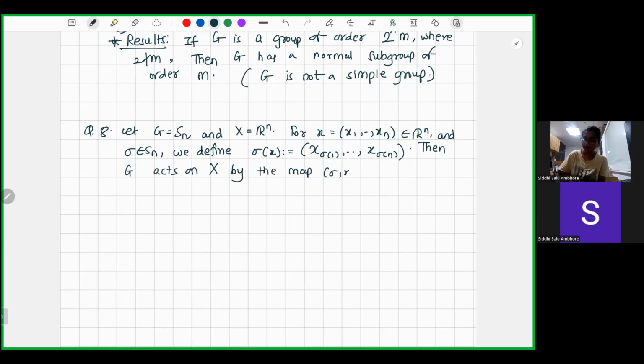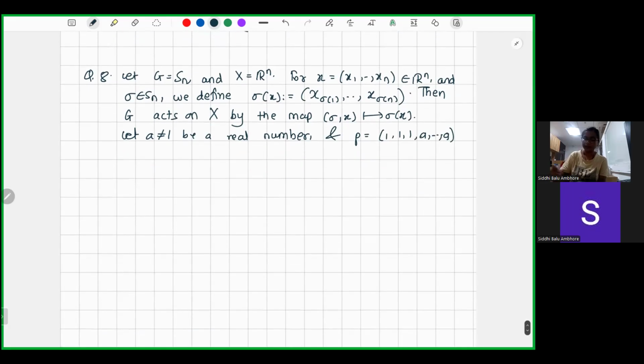Sigma x goes to sigma of x, and let a not equal to 1 be a real number, and P is this: 1, 1, 1, and the rest are all a's, in Rn.